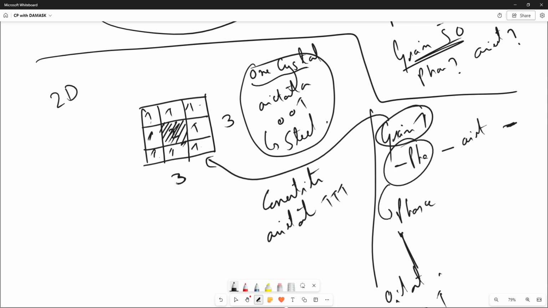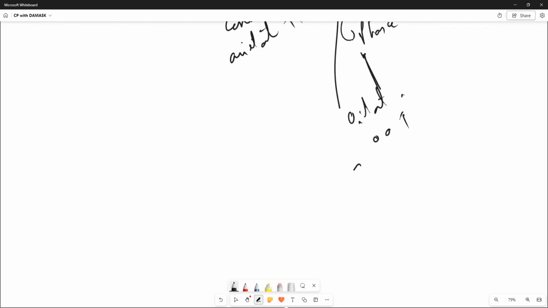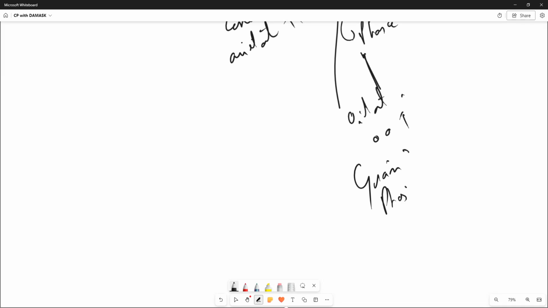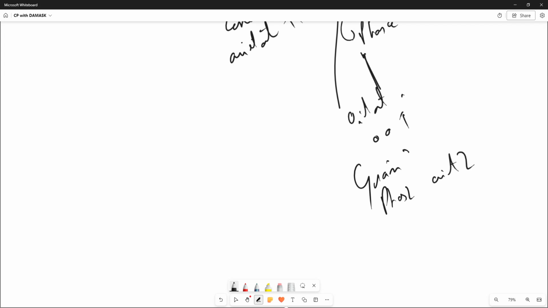When Damask tries to understand what 2 is, I should have here information about grain 2. I will say it has phase 2 and orientation 2. And then I will have to define what phase 2 is. I will have to define which elastic stiffness matrix it has, which orientation distribution, which slip systems it has, which crystal structure it has, how they deform and so on.